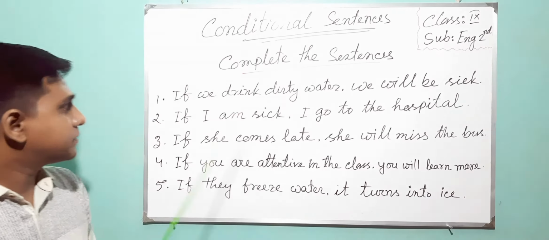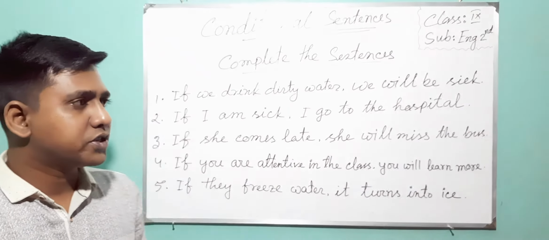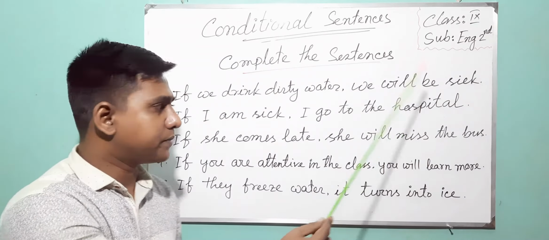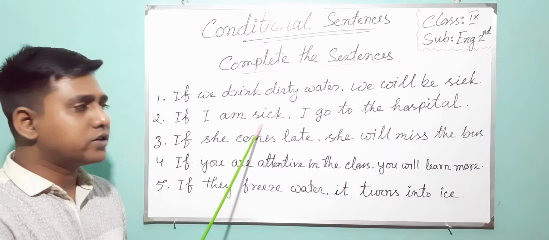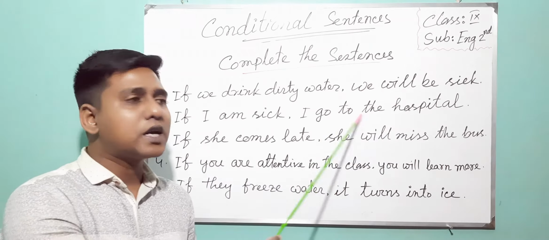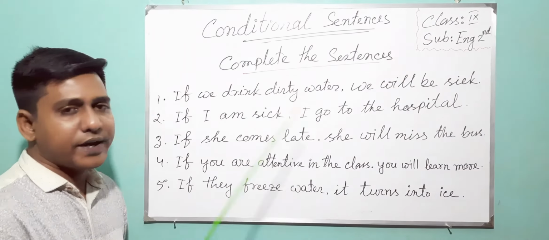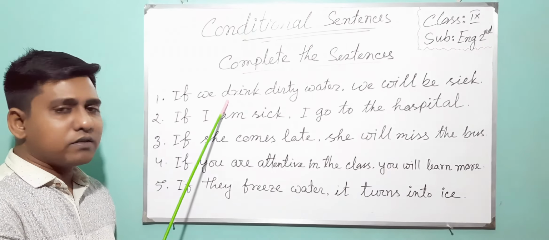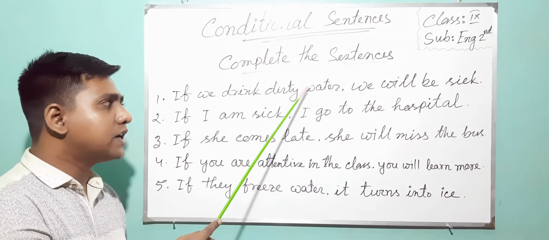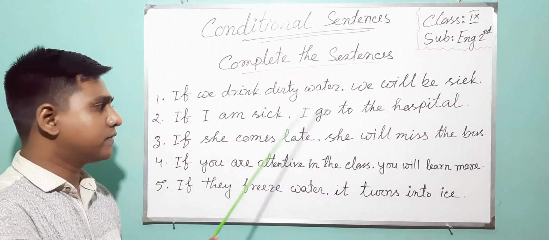So dear learners, all these sentences are conditional sentences. There is a condition and there is the result of the condition. In every sentence there is a condition and the main clause is the result of that condition.